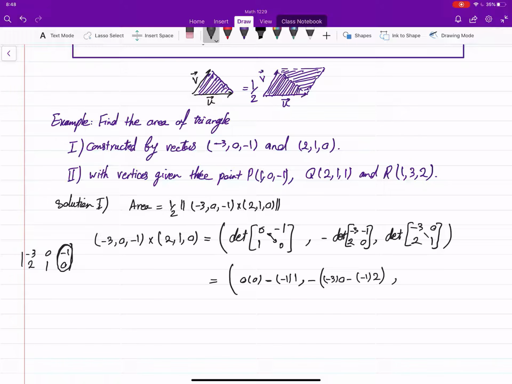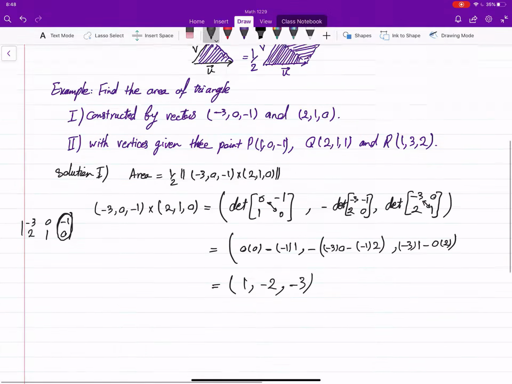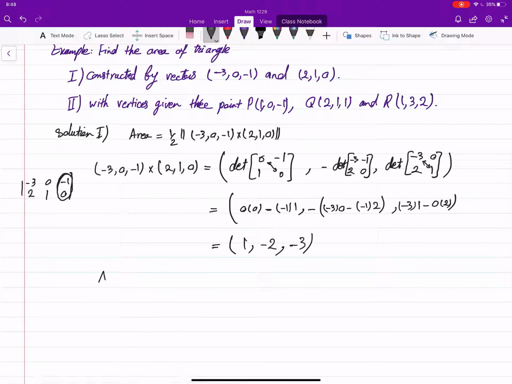And for the third one we have -3 times 1 minus 0 times 2. Okay, this computation is now easy. This is 1. The second one is -2, and the third one is -3. So we have a vector. Now we need to find its length and divide it by 2.